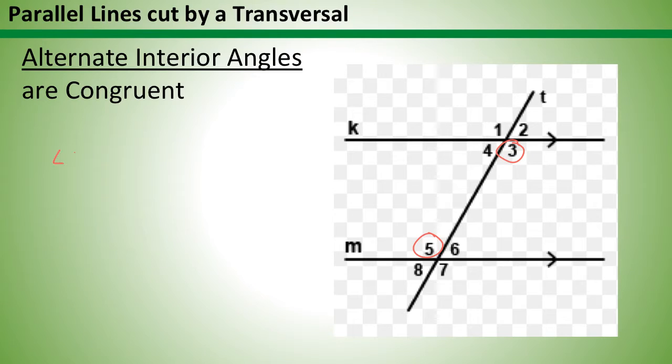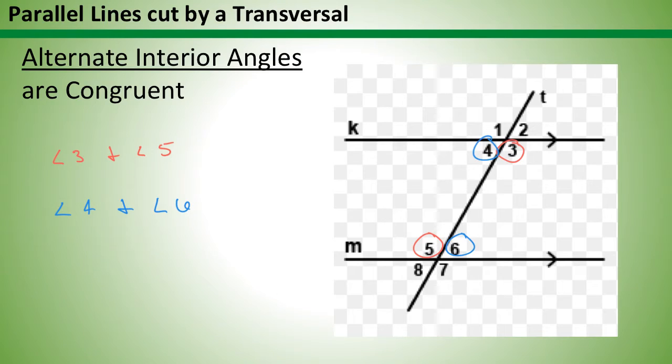Another example would be angle 4 and angle 6. Those are two sets of alternate interior angles.